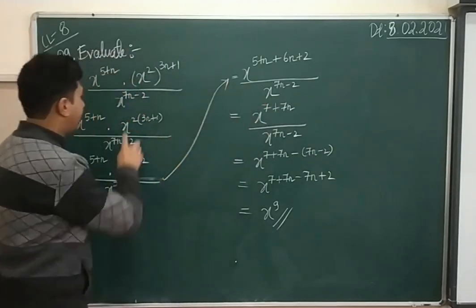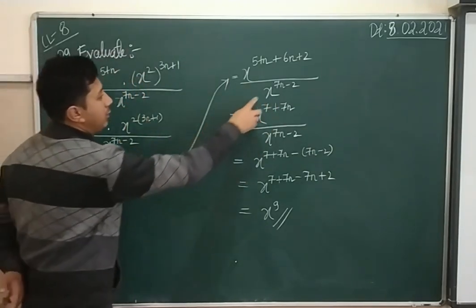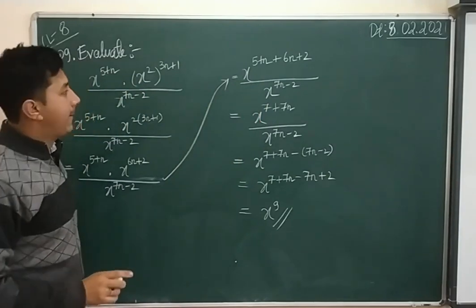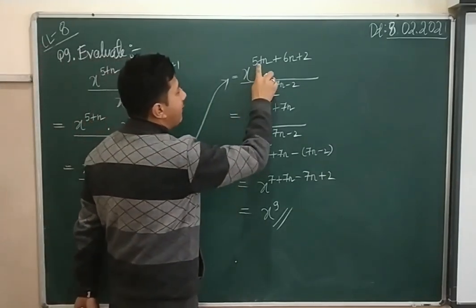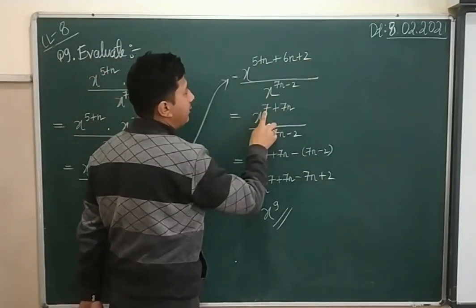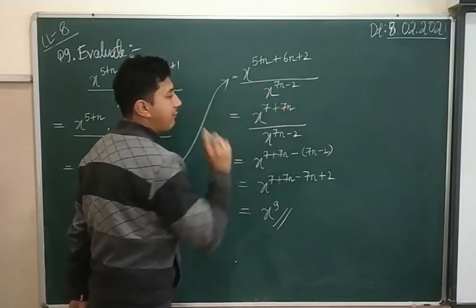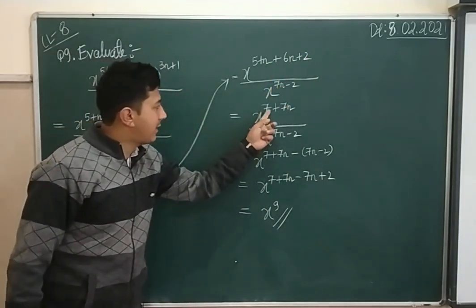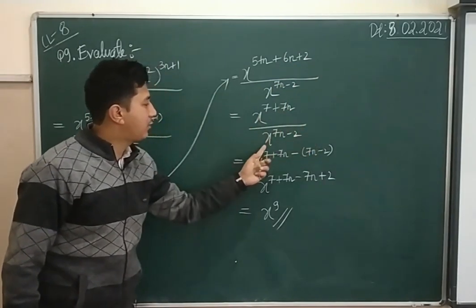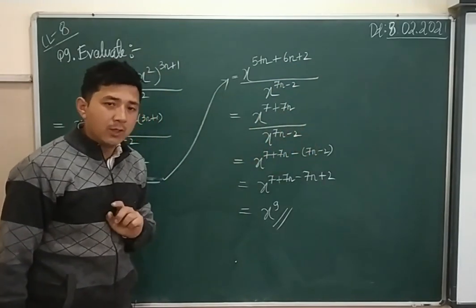This denominator remains the same. Okay. Now here please add 5 plus 2, 7, n plus 6n is 7n. So x to the power 7 plus 7n divided by x to the power 7n minus 2.